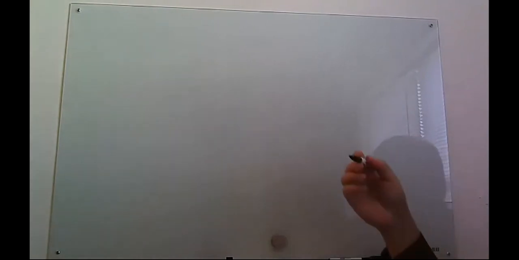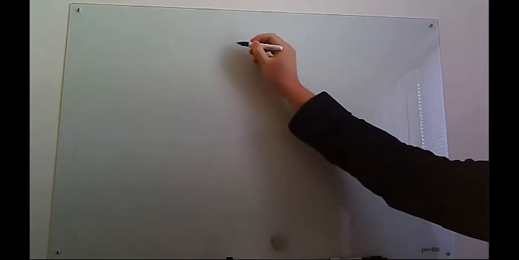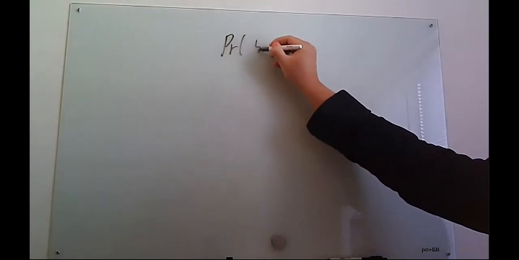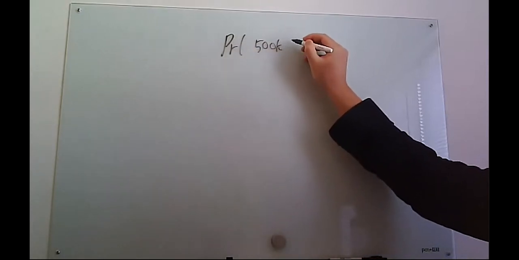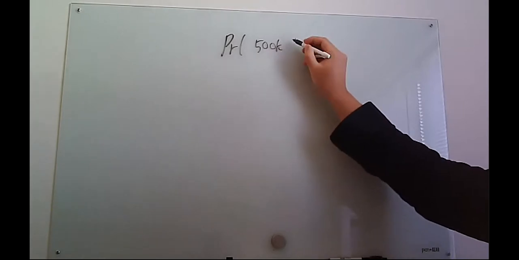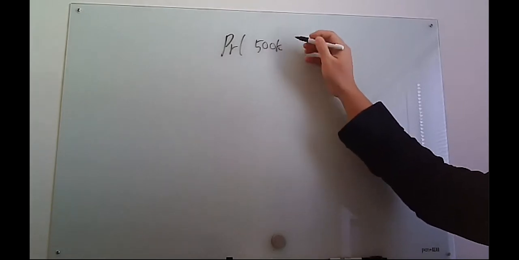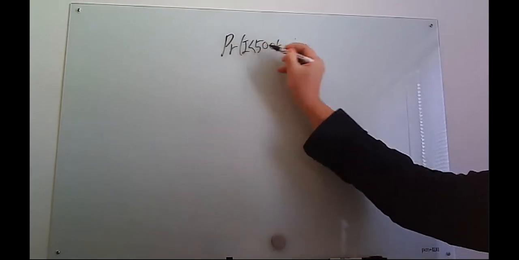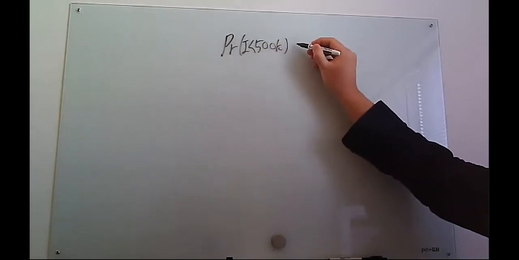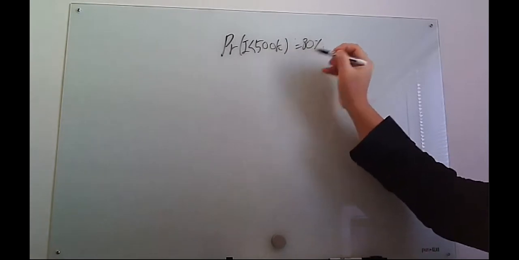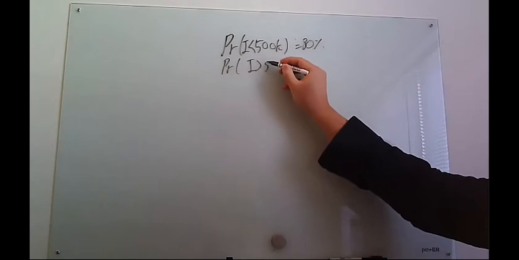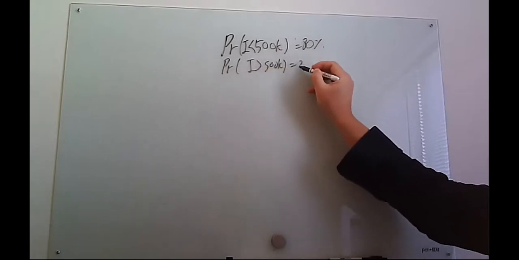Okay, so previously I said, let's say probability of income less than 500K, I should be backwards, would be like 80%. So I'm just directly getting this. That means probability of income greater than 500K is 20%.